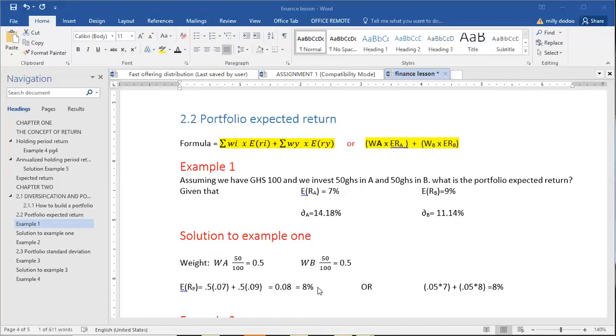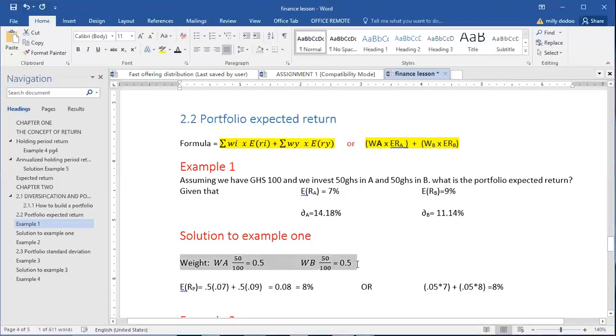Good. So that is how we find portfolio expected return. Take notes: without the weight, you can't solve a portfolio question.